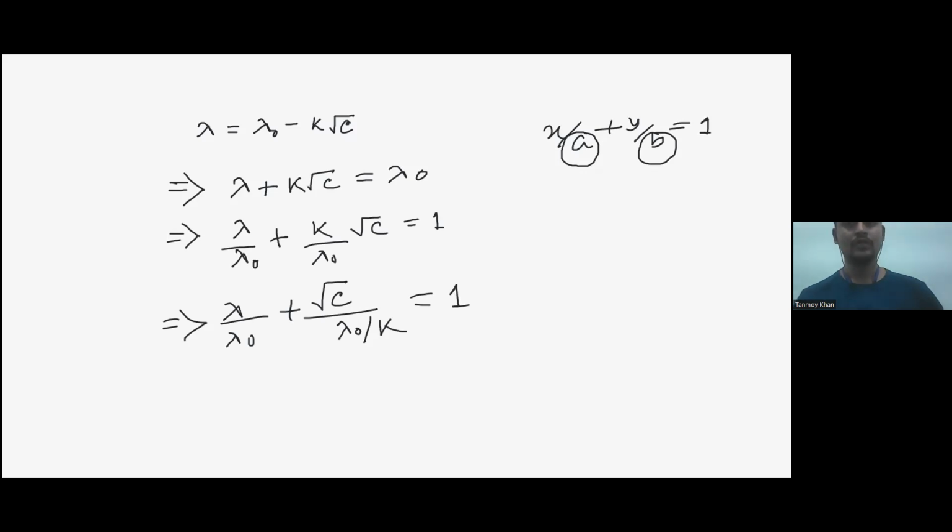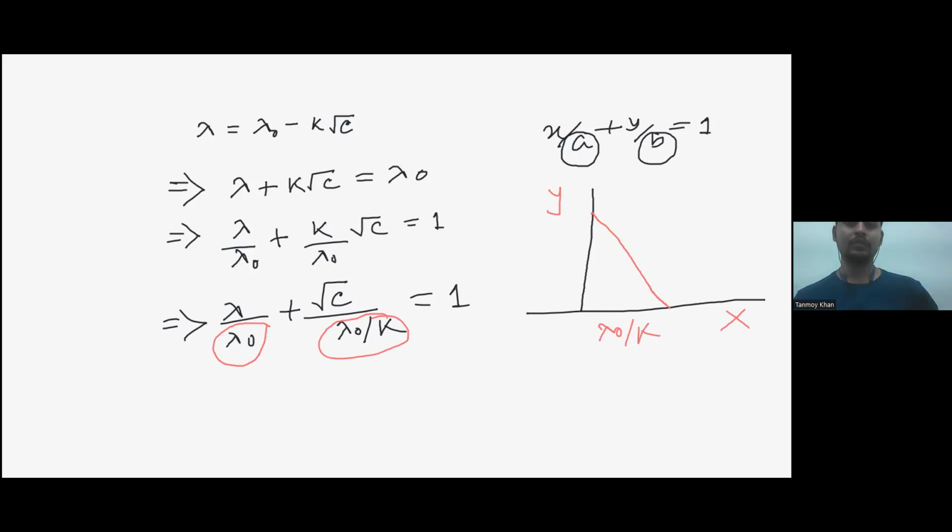If we draw this plot, it will be like this. This is my y-axis, this is my x-axis, this is my y-intercept, this is my x-intercept, this will be lambda 0 by k. Let's think from an experimental chemical perspective.